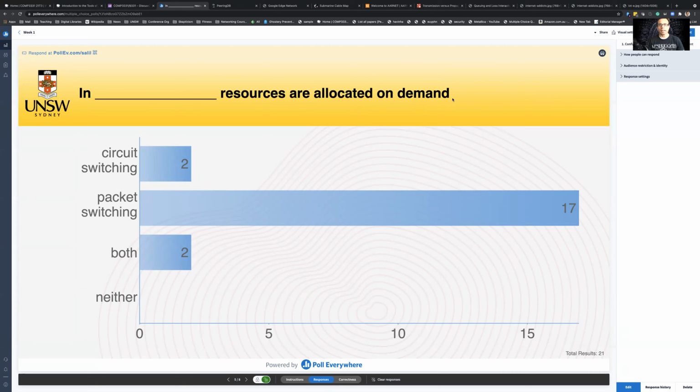With packet switching, when a packet arrives, the switch will forward it if it can. If not, it's just going to store it in a buffer. That's what we mean by on demand. Whereas in circuit switching, we need to explicitly make advance reservations, and hold those reservations till we are sure that the user is no longer going to be sending data anymore. So the correct answer would be packet switching.